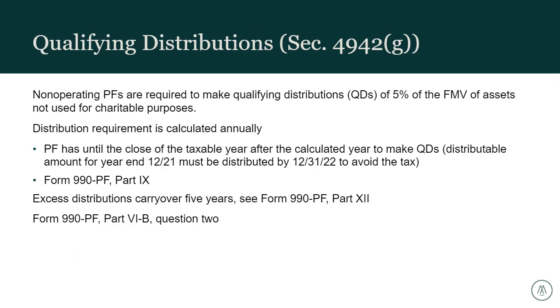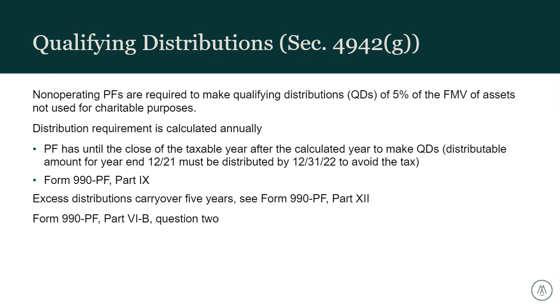Okay, so switching gears just a little bit to what might be considered a qualifying distribution. These are the grants and monies that are expended that count towards your 5% distribution requirement on an annual basis.